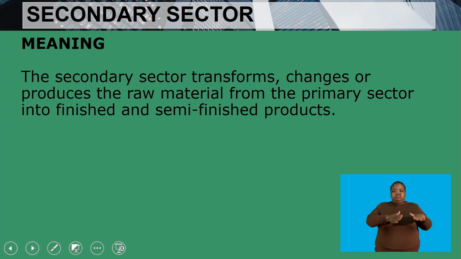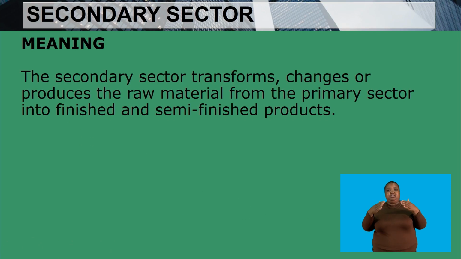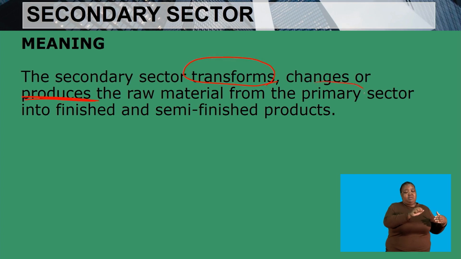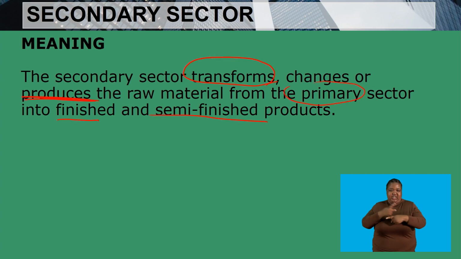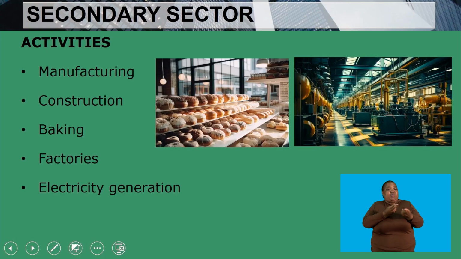Then let's take a look at the secondary sector. We have said already that in the secondary sector, we deal with transforming or producing or even manufacturing the raw materials from the primary sector into finished and semi-finished products. You can already see that if there is no primary sector, then the secondary sector will have nothing to manufacture. Then let's look at the activities. The secondary sector deals with manufacturing.